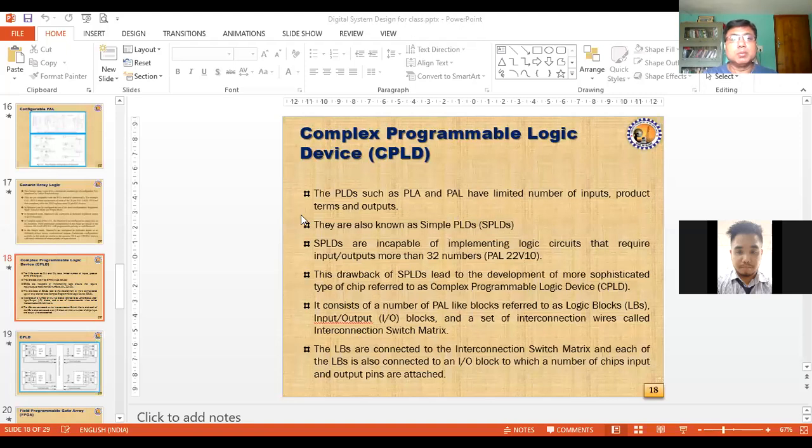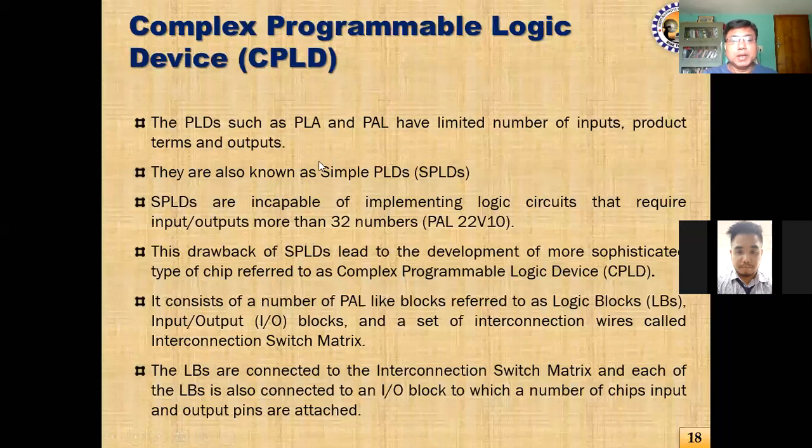So I was talking about the complex programmable logic devices. When we have to implement an application, a circuit which requires a larger number of inputs and outputs, the number of inputs, outputs and product terms available in a PLA or PAL that are commercially available may not be sufficient.